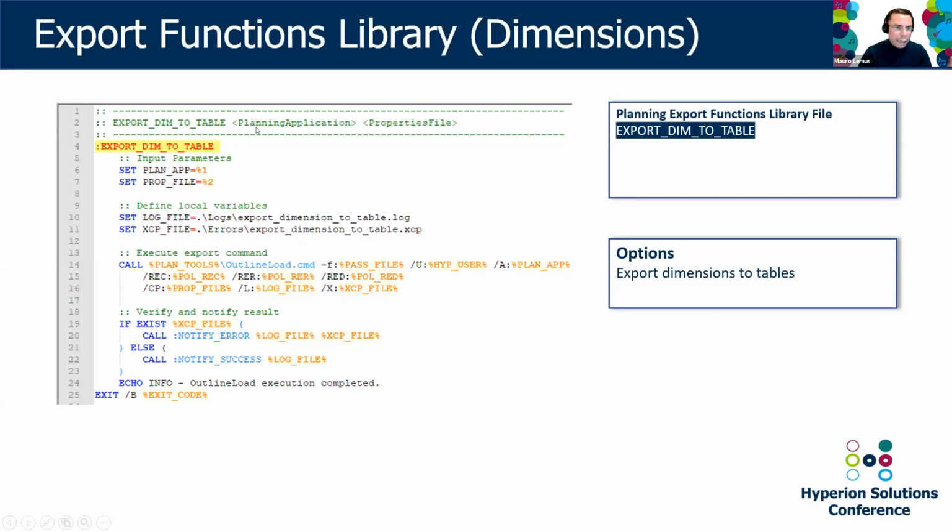In this case, again, we are just using as parameters for this function the planning application and the property files. We predefine the parameters we need, and we don't have to worry about that, because the parameters entered go directly here, and the other parameters come from the global configuration file. So we have this function, it's a wrapper, and with this function we'll be able to export dimensions to tables.